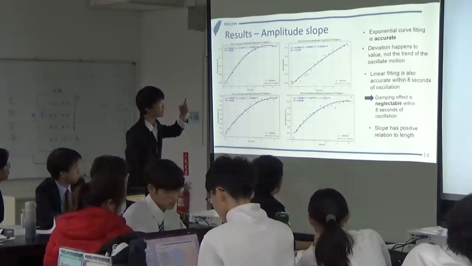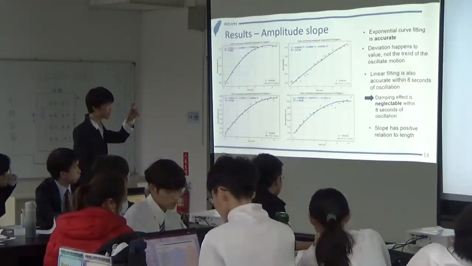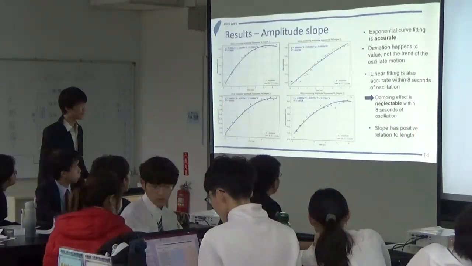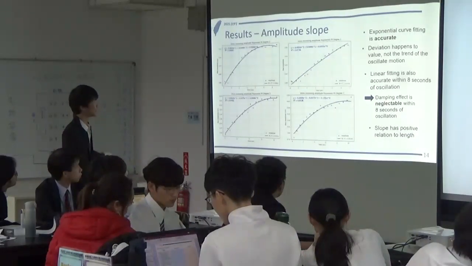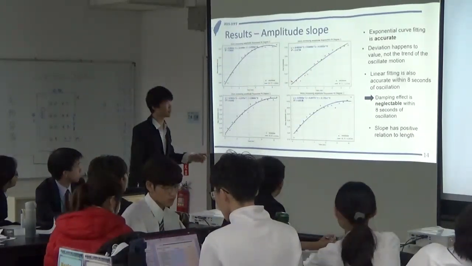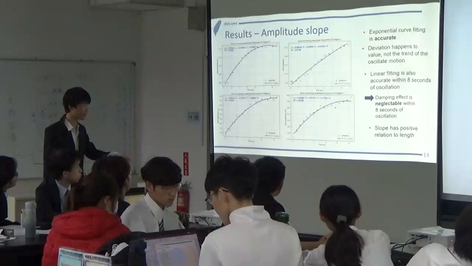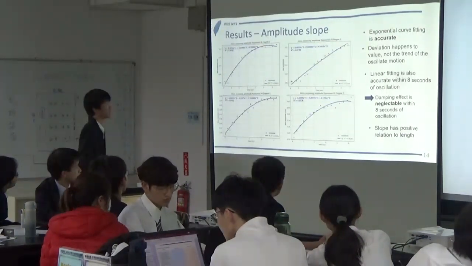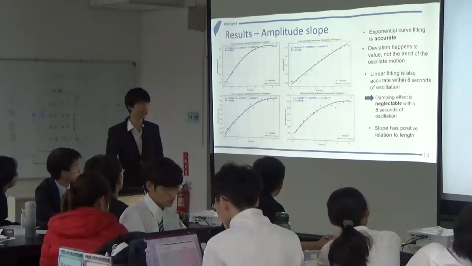We can see that the exponential curve fitting is accurate, and deviation only happens in the value, not the trend of the oscillating motion. So we know that it's exponential.